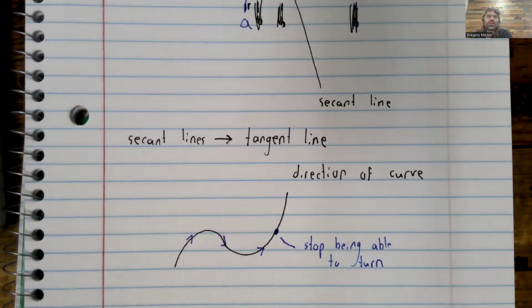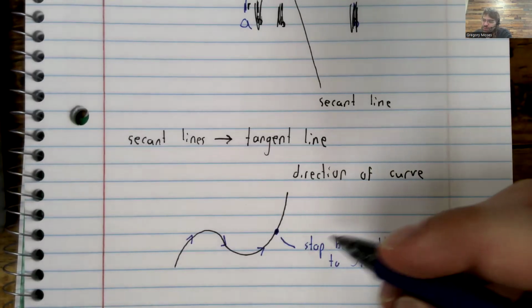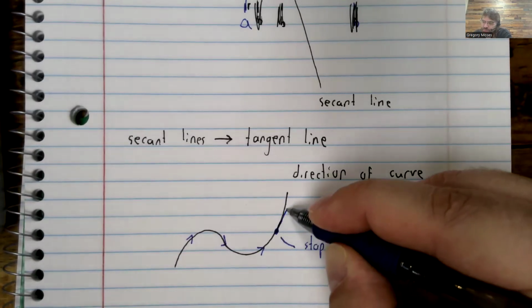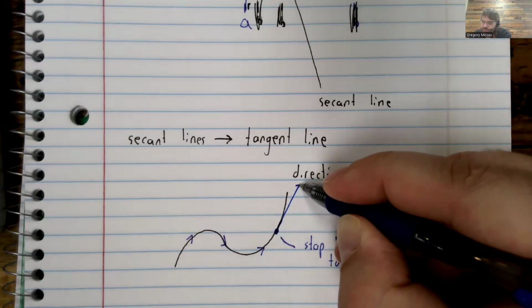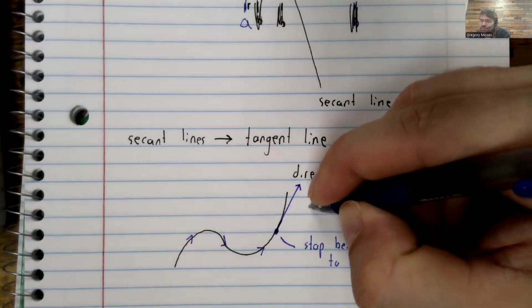What will happen? Well, if you can't turn, you can only go straight. So you will go straight until you go off the road. In particular, you'll go in a straight line that looks something like that.